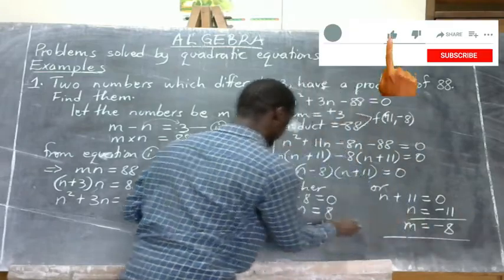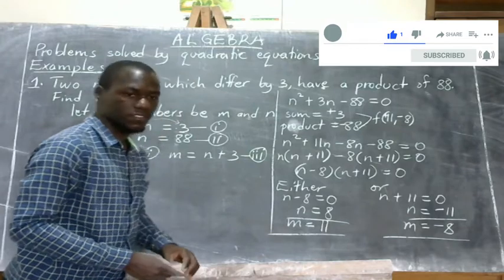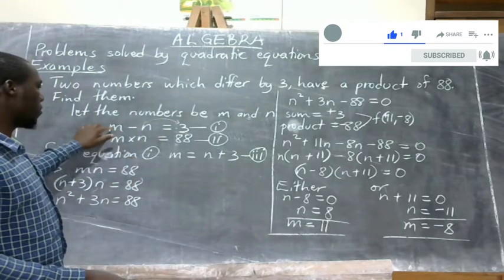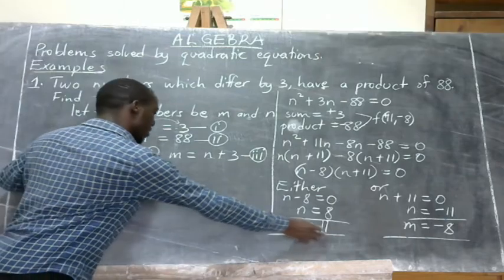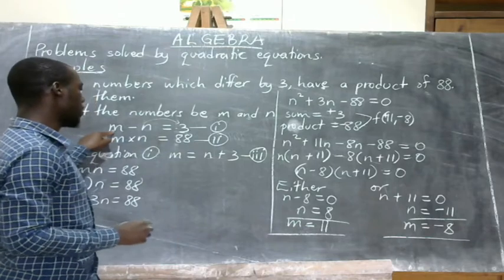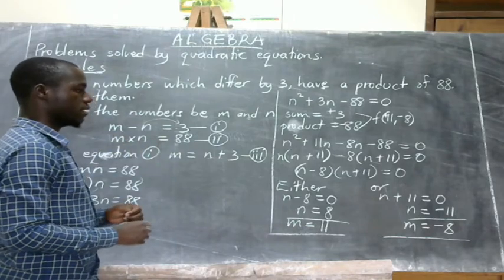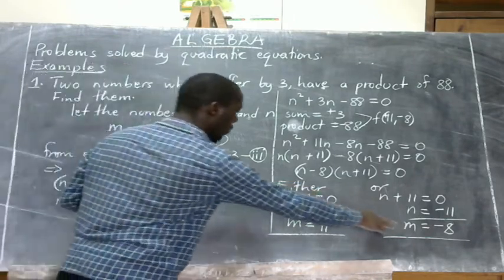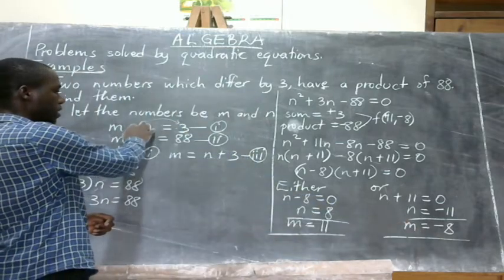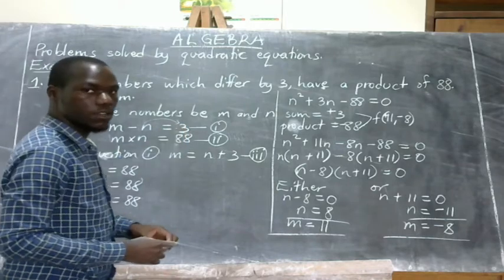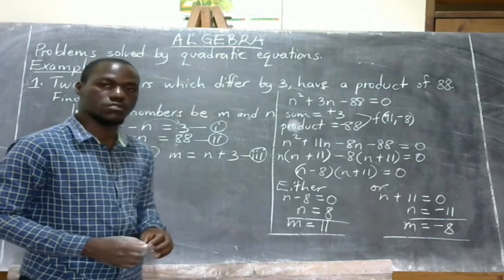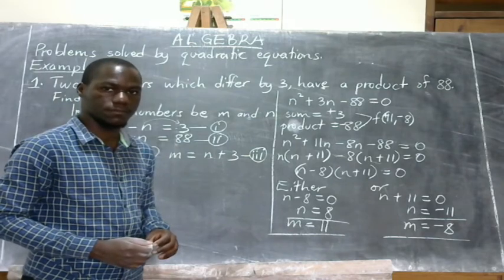Those are the values that can give us these two conditions. When you substitute m is 11, minus 8, you get a difference of 3. And when you multiply, you get 88. Then also when m is negative 8, then minus negative 11, you'll be getting positive 3. And when you multiply, you'll also be getting positive 88.